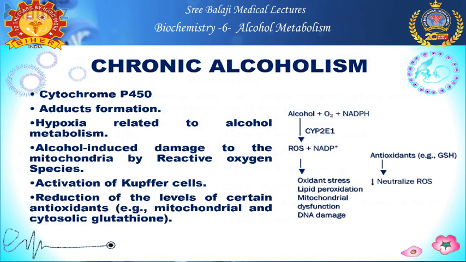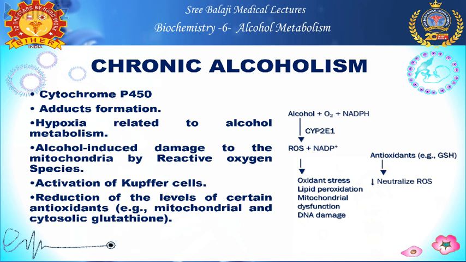Let's move on to chronic alcoholism. In chronic alcoholism, the main enzyme which is more active is cytochrome P450 that catalyzes the conversion of alcohol to acetaldehyde. It utilizes NADPH and releases NADP, and also it releases reactive oxygen species.